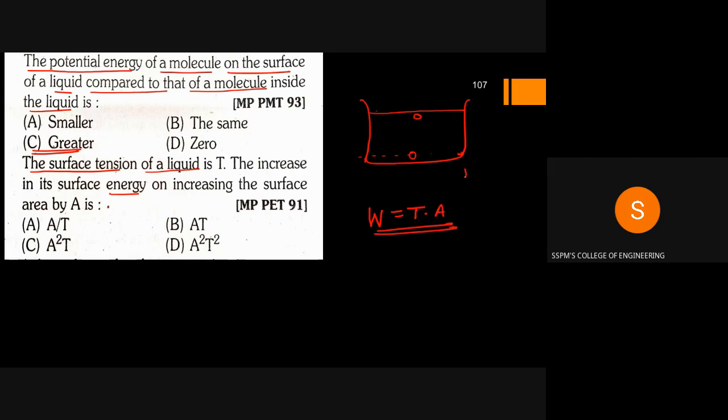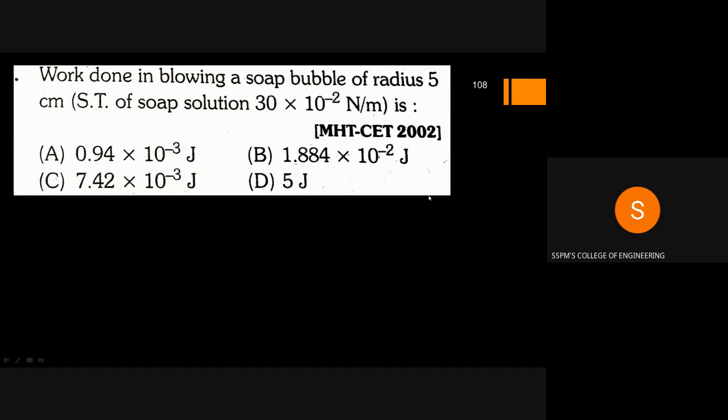So if I increase the surface area by capital A, the increase in surface energy will be T into A. So the correct option is option B. Just remember this equation for surface energy or the work done: W is equal to T into A.